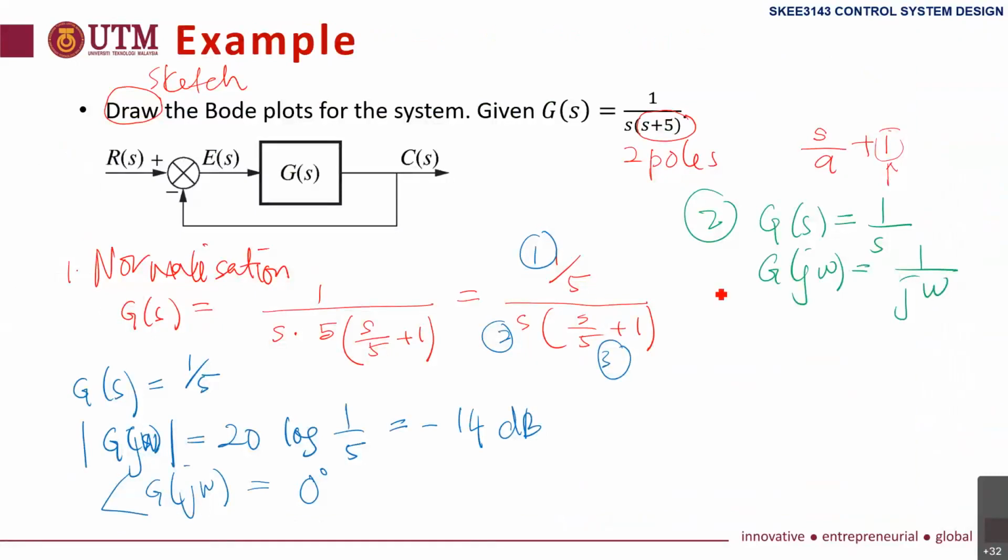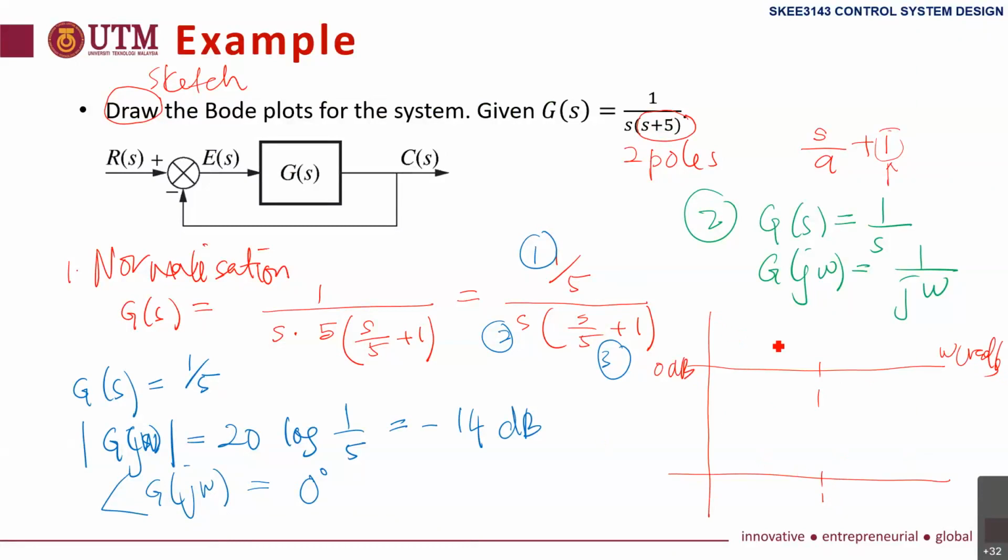So if we plot here, omega in radian per second. It's 1 here, 0 dB.